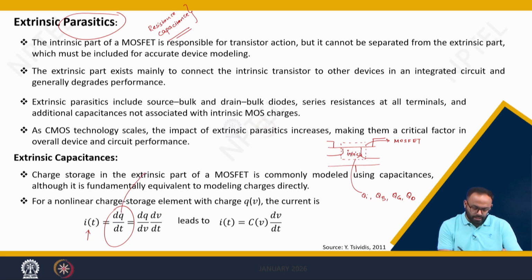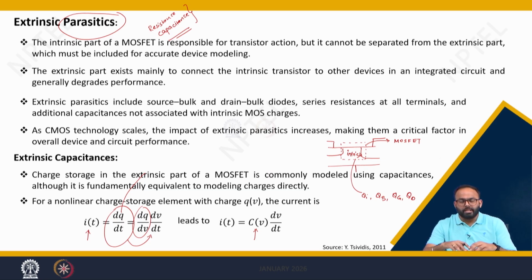This charge can be the bulk charge or the inversion charge, and I can rewrite this equation as dq by dv into dv by dt, where dq by dv is nothing but the incremental change in capacitance, and hence the extrinsic environment of the intrinsic transistor can be modeled in terms of resistances or capacitances.